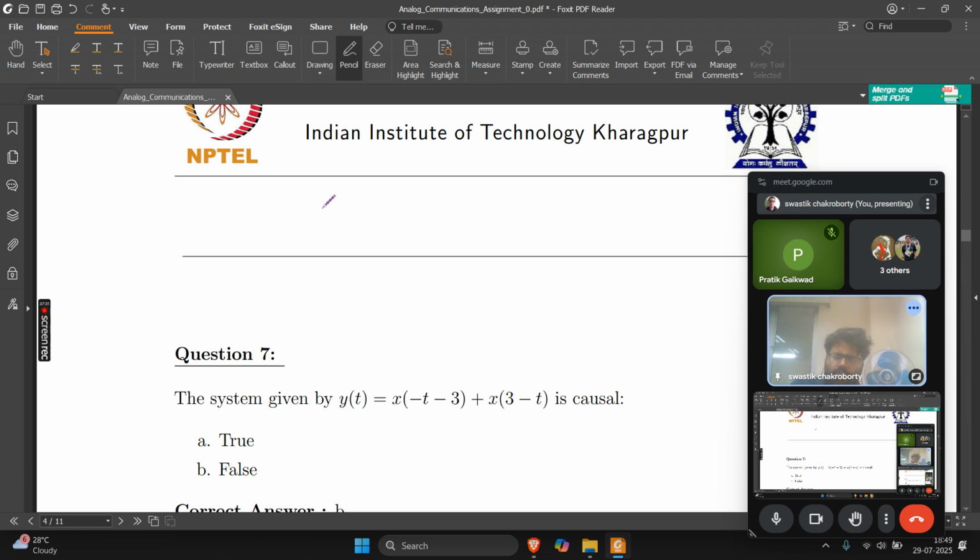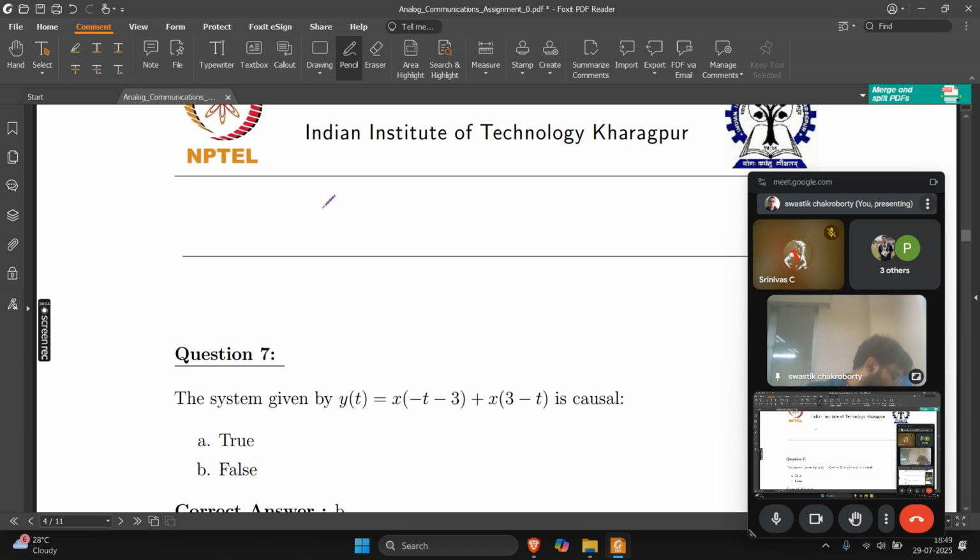So what do you mean by a causal signal? Anyone? Yes, present and past values only. Or if you give me a more mathematical definition, the signal is defined for less than or equal to t.